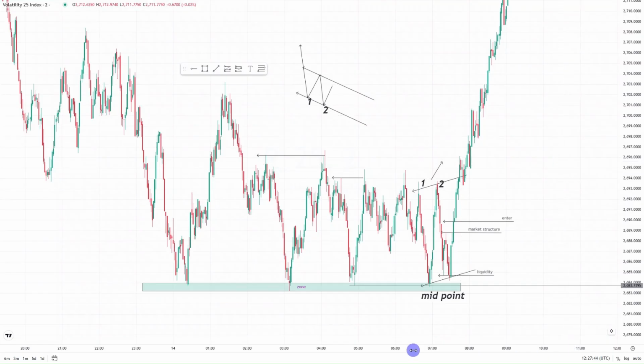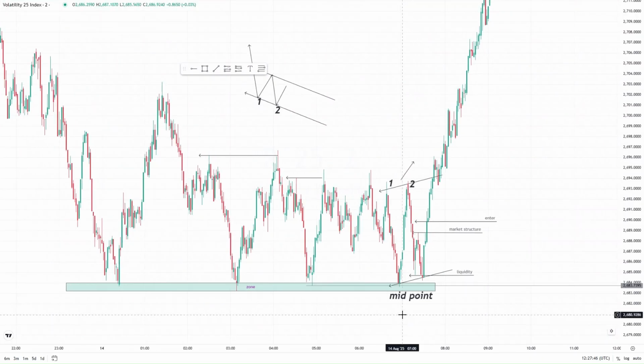So for us to even understand that this thing right here is very important to us, we need to understand that this zone became the foundation of us getting to this point right here. This became our foundation, right? Without this level, we wouldn't have structured our trade this way.